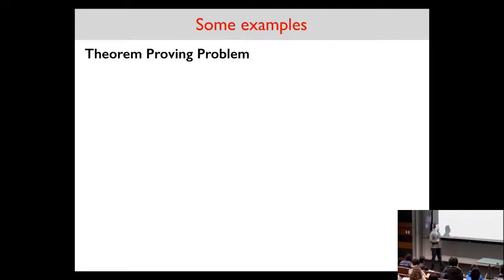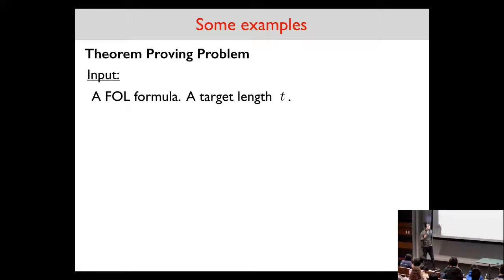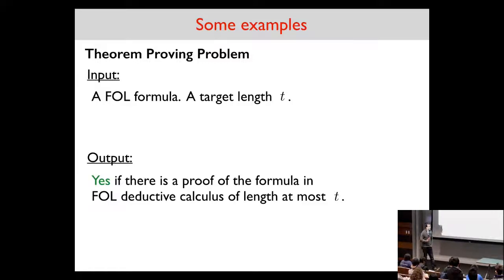Okay. Another problem, the theorem proving problem. This is the problem that Kurt Gödel wrote to John von Neumann about. So he said, given a first order logic formula and some target length T, we want to know if there's a proof of that formula in the FOL, first order logic deductive calculus, of length at most T. So a very fundamental problem.